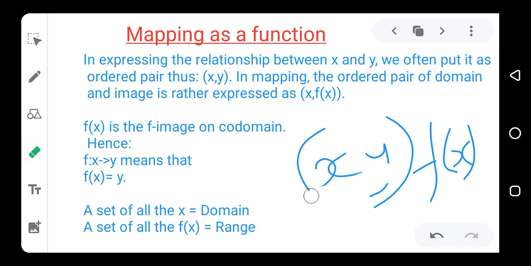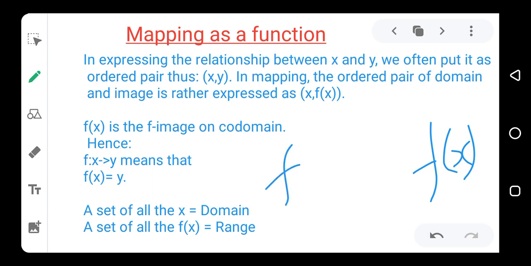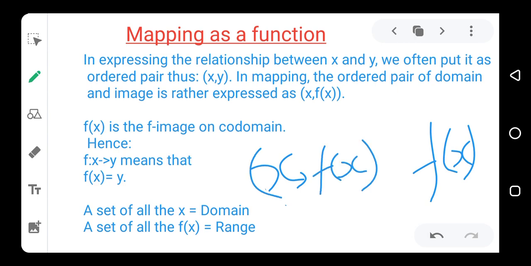X represents the normal values in the domain, while f of x represents the elements in the codomain that have associated values in the domain. x is an element in the domain, while f of x is an element in the codomain that has an associated value in the domain.